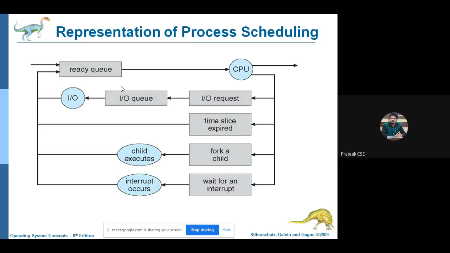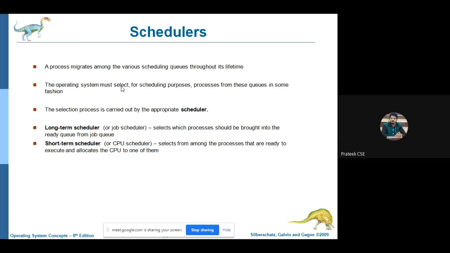From those processes, only one process at a time will get the CPU, and again from the CPU, during its running state, a process may want to perform some input output operation, so it is going to enter the input output queue, and this is the process that will occur throughout the lifetime of any process. So the operating system must select, for scheduling purposes, the processes from these queues in some fashion.